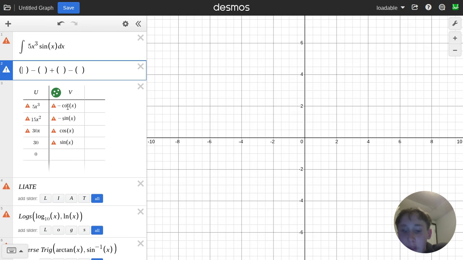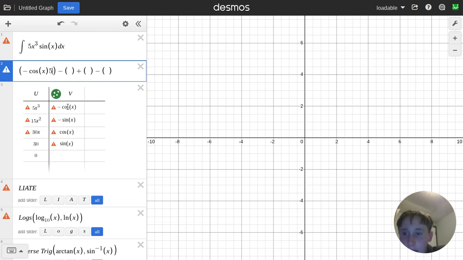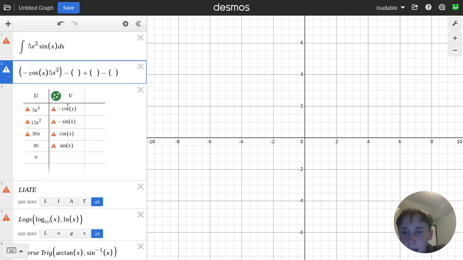So then we do negative cos x times 5x to the third, minus negative sine x times 15x squared, plus cos x times 30x, minus sine x times 30.